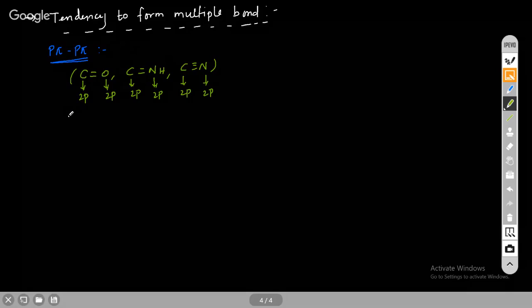But in case of silicon, germanium and all, we have 3p, 4p orbitals. So overlapping of 3p and 2p orbital, 4p and 2p orbital is not that possible. The effective overlapping is not there and hence p-pi bond does not form.